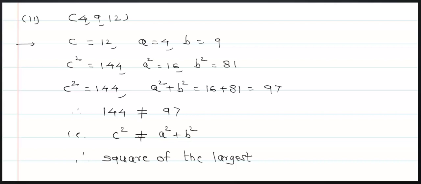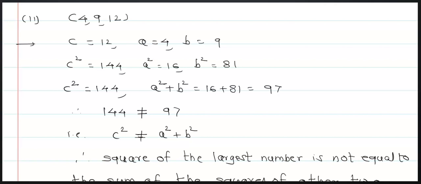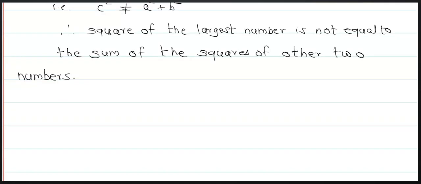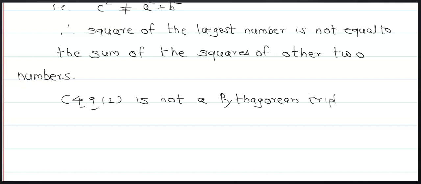And therefore the square of the largest number is not equal to the sum of the squares of the other two numbers. Therefore 4, 9, 12 is not a Pythagorean triplet.